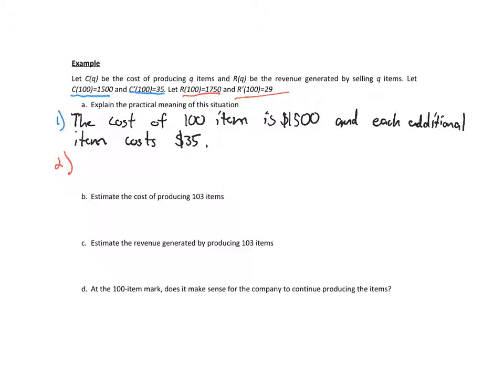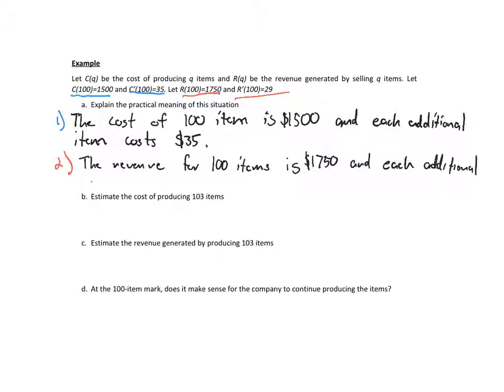So I would say R of 100 equals 1750 tells us the revenue for 100 items is $1,750. And each additional item generates $29.